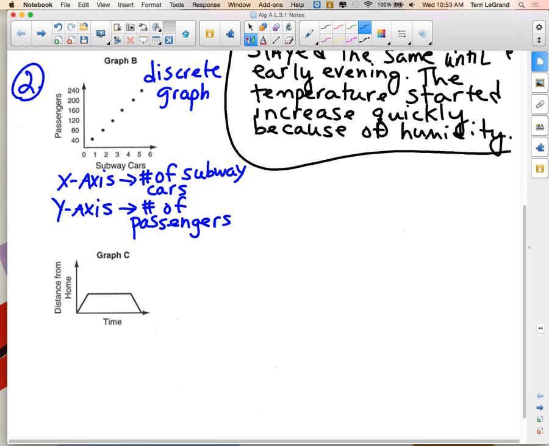So our story has to somehow include that we got 6 subway cars, and we have up to 240 passengers with distinct points. What do you think we could say with this? Ollie, come up with something for me.